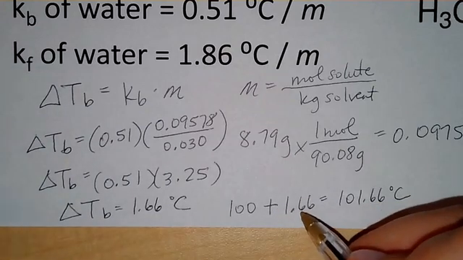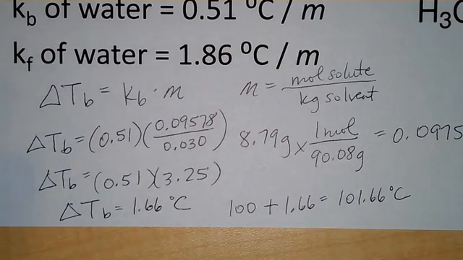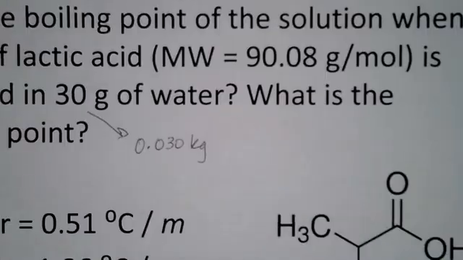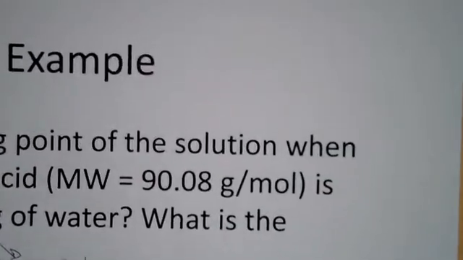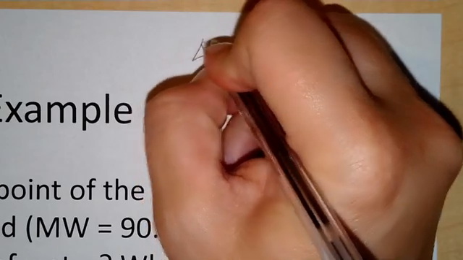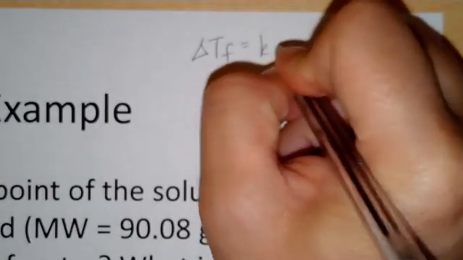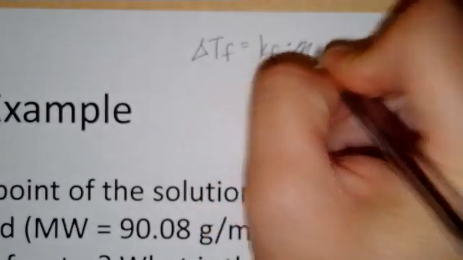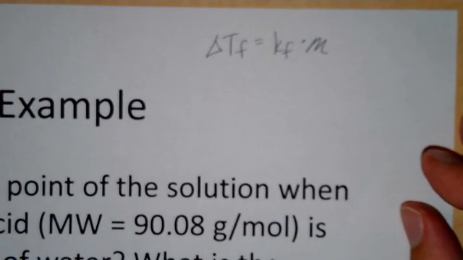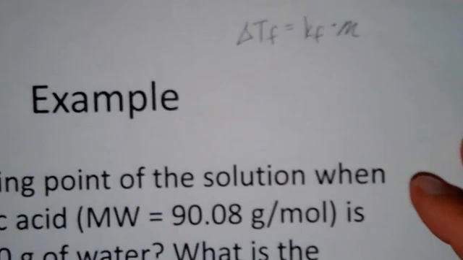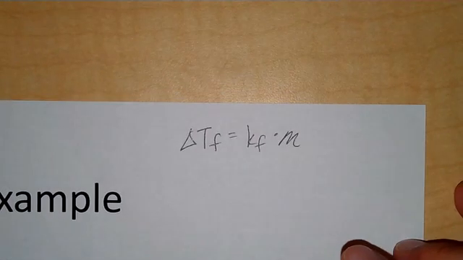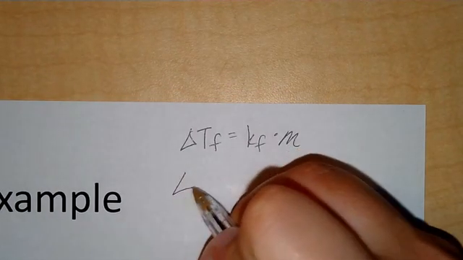Alright, we can also do our freezing point. So similar equation, using our Kf, but using the same molality again. Since we already calculated molality before, we're not going to recalculate it, it's the same value.